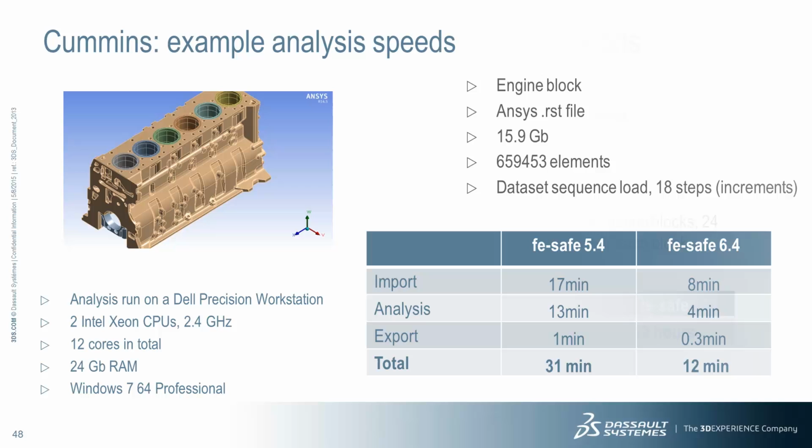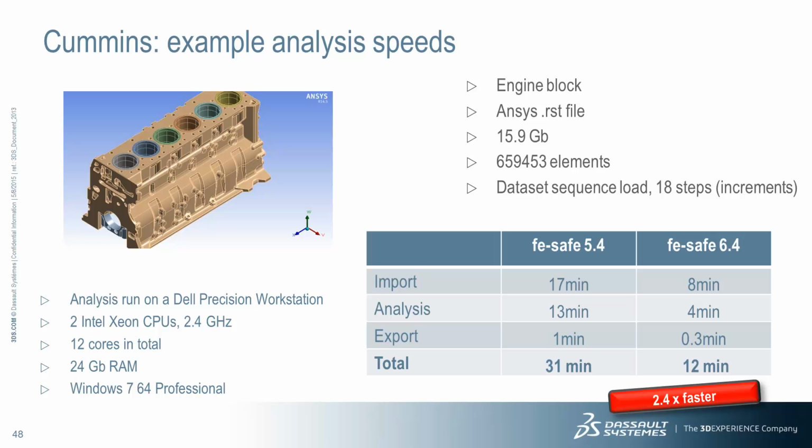And our final example analysis is from Cummins. It's a large engine block. With FE-Safe 6.4, our test system solved this very challenging analysis in 12 minutes. As you can see, the 2014 version of FE-Safe 6.4 is about 2.5 times faster than FE-Safe version 5.4 was.